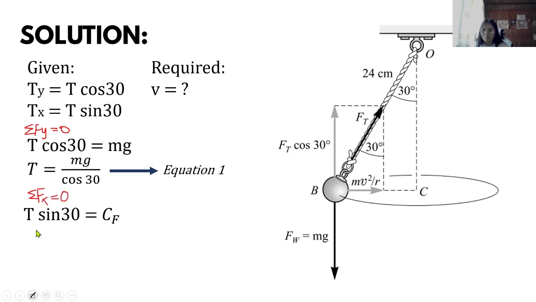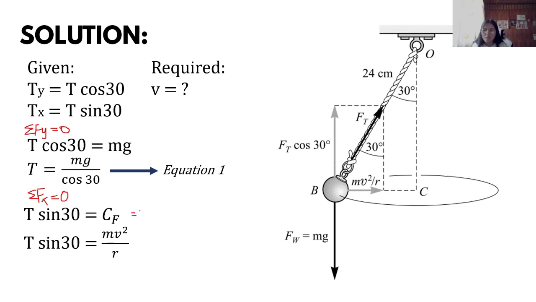Okay? So, itong T sine 30 ay equal lang siya sa centripetal force, kasi ito yung force na nag-a-act towards the center. So, we have T sine 30 is equal to mv squared over r. Naalala nyo pa, saan nakuha yan?